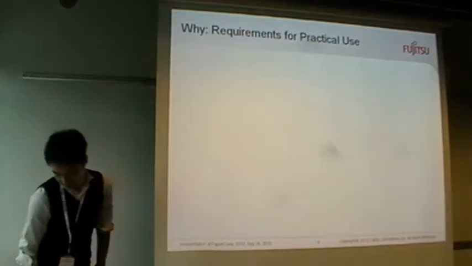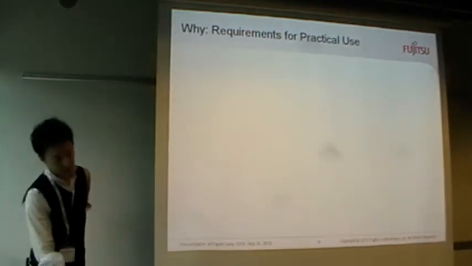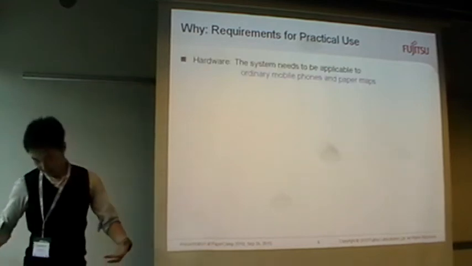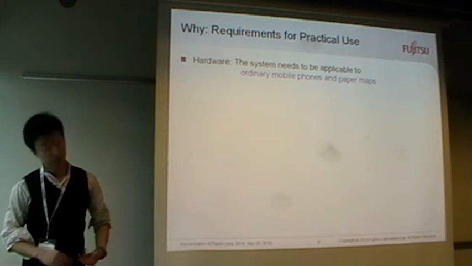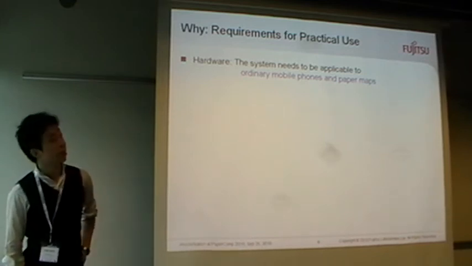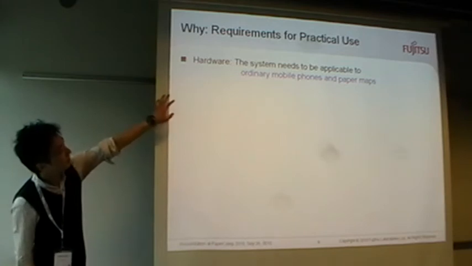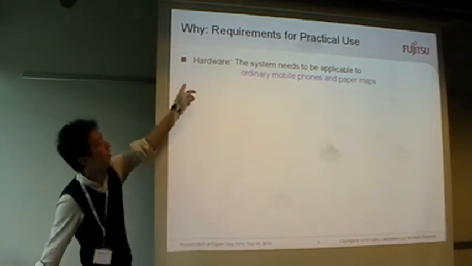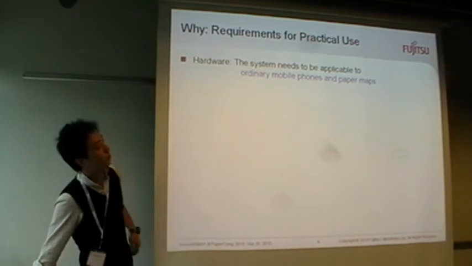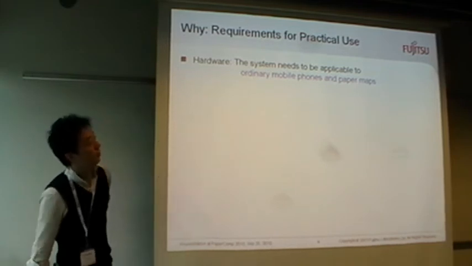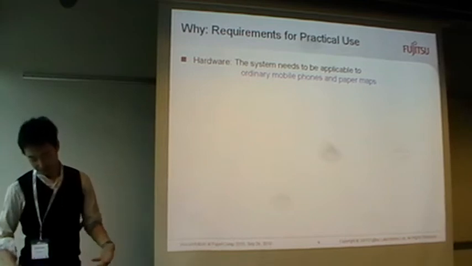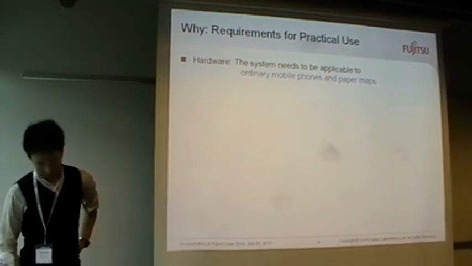Although there are a number of technologies, when it comes to improving these systems and promoting their practical use, the recognition system must meet two requirements. The first requirement is about the hardware, and the system needs to be applicable to ordinary mobile phones and paper maps. This is because the cost of introduction will be smallest.